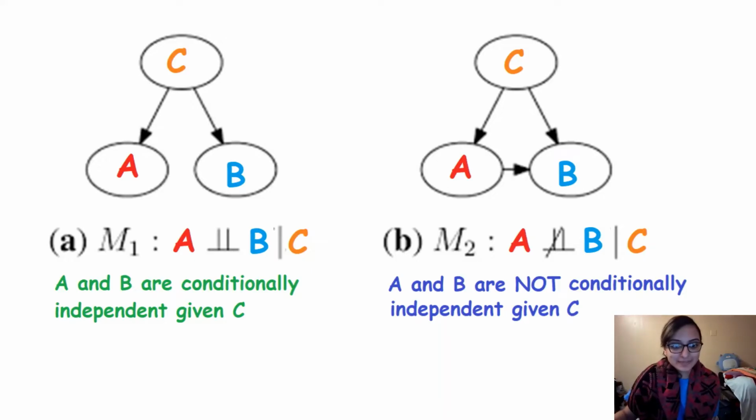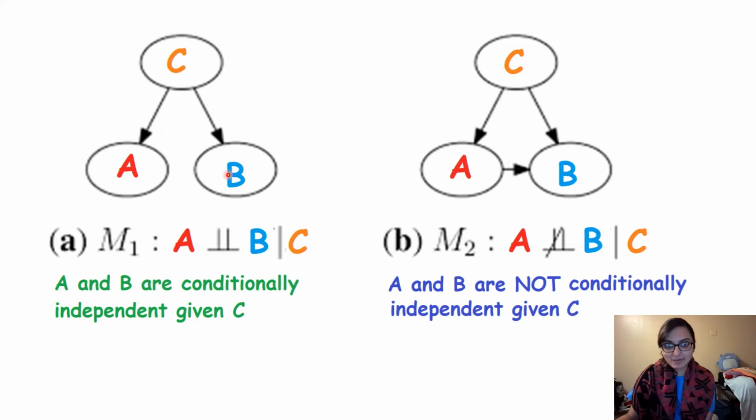So please note that if A and B are conditionally independent given C, like a common cause, this is what it would look like. C is a common cause for A and B such that A is conditionally independent of B given C. And similarly, that means that the probability of A given C is the same thing as the probability of A given C and B have occurred.